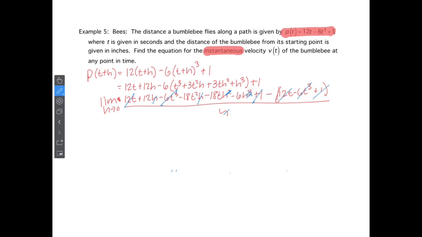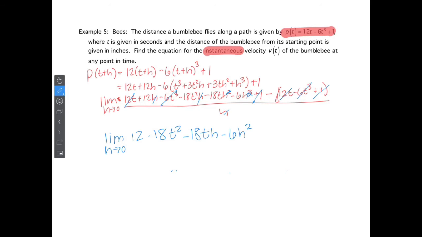All right, so what we are left with is the limit as h approaches 0 of, and you've got to be really careful to make sure that, as you go through, you get all the bits and pieces. So we've got a 12, we've got minus 18t squared, I've got minus 18th, and one of those h's is still there, and then I have minus 6h squared.